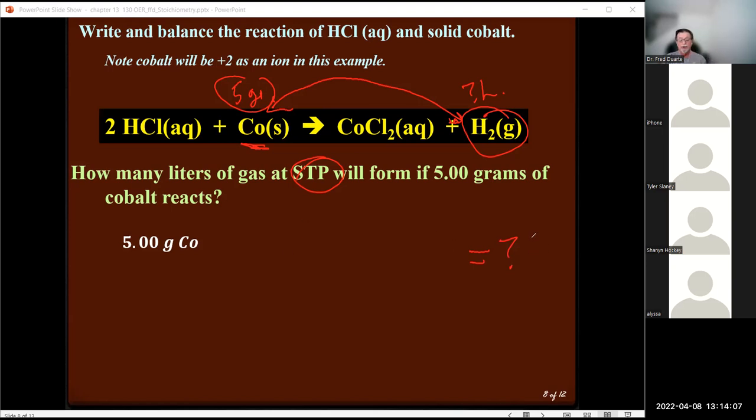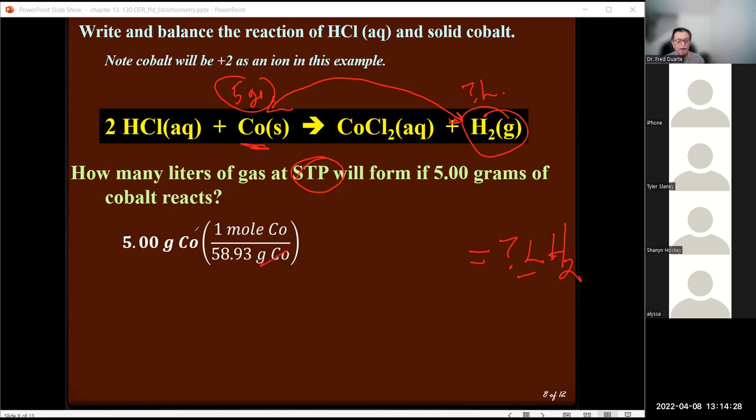And I want to know how many liters of H2. That is my eventual goal, liters of H2. So I've got 5.05 grams of cobalt, okay? I need my conversion of grams of cobalt to moles of cobalt.